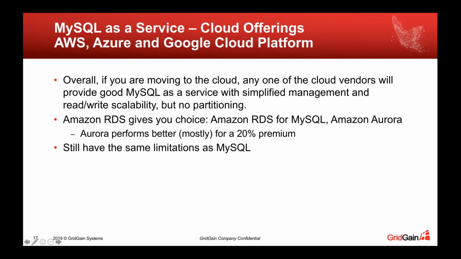Amazon and Azure and Google all have great options for MySQL, which is basically the same MySQL as a service. You have Amazon Aurora, which does things slightly differently. It is MySQL and PostgreSQL compatible. It delivers better performance overall at about a 20% premium, if you ask folks like Percona who benchmark these things.